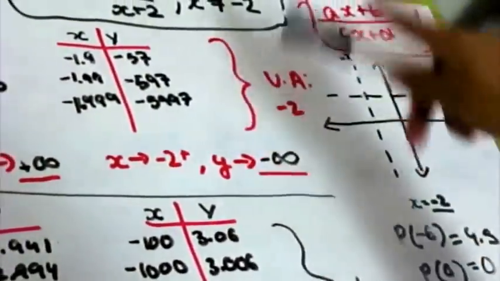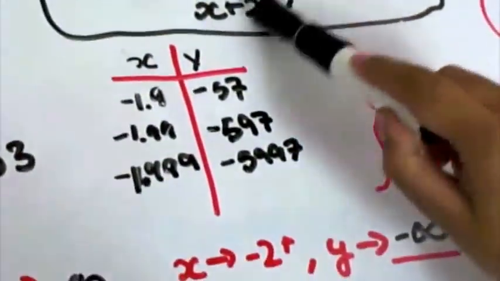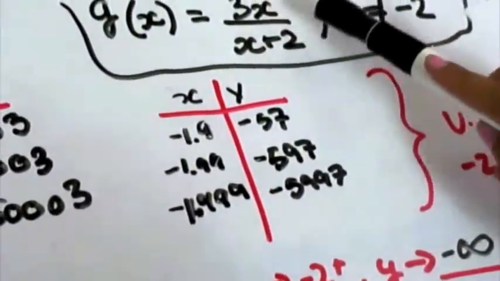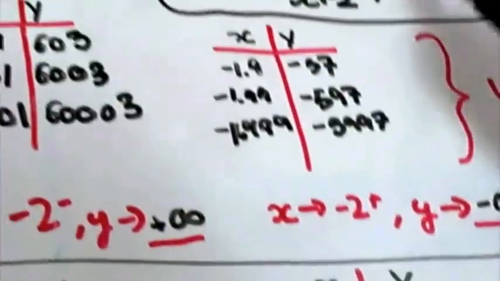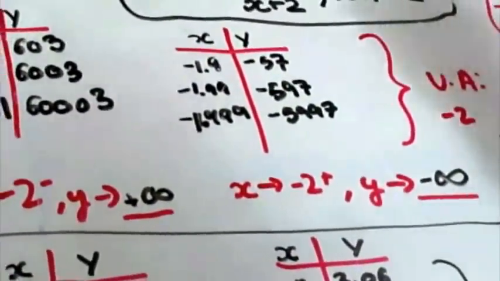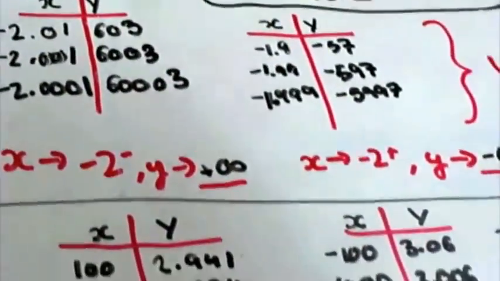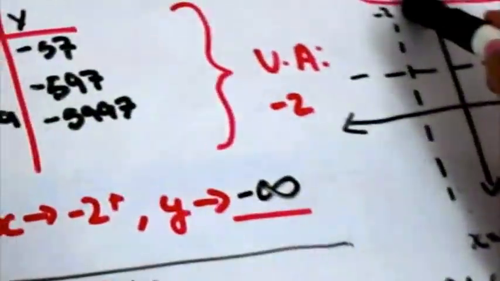So for instance, if we take a really simple function of 3x over x plus 2, so it's of this form, and we draw interval tables for it. From the restriction, x cannot equal -2, we know that the vertical asymptote is going to be -2.